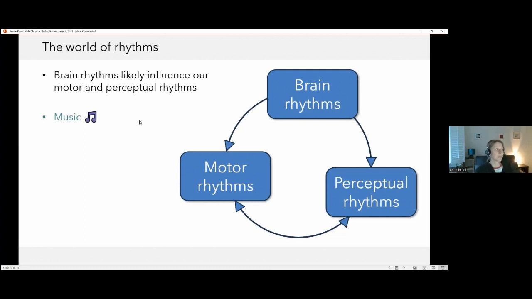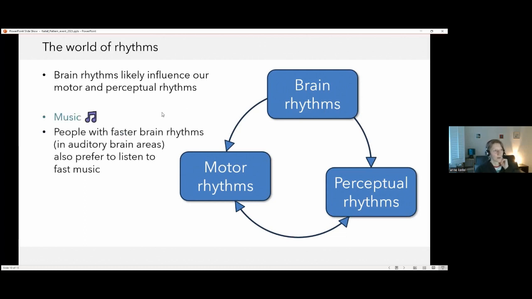And the first example is, again, music, which is something that we did. So we recorded people's brain waves, and we found that people with faster brain waves in auditory brain areas, so those areas that process our auditory information, if they have a faster brain rhythm there, they also like to listen to faster music, and the other way around. So slower brain rhythms went along with slower preferred music.